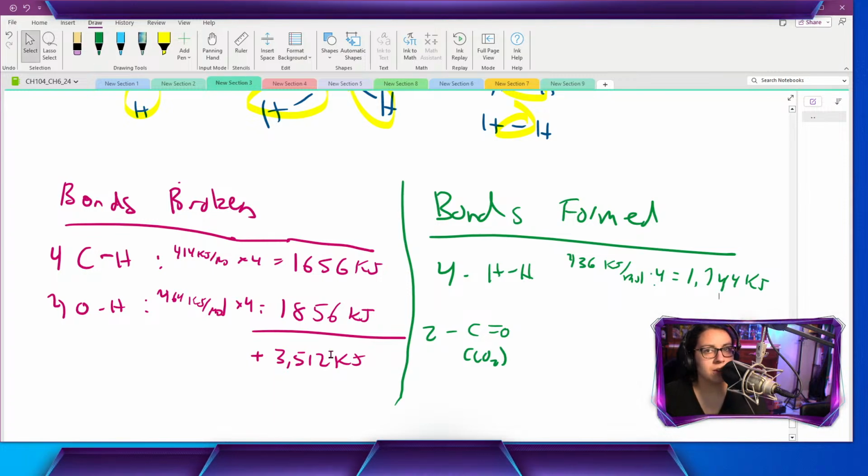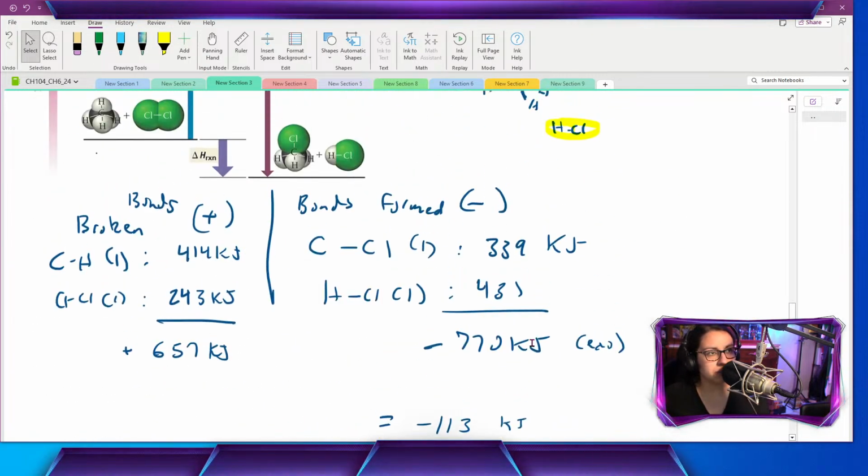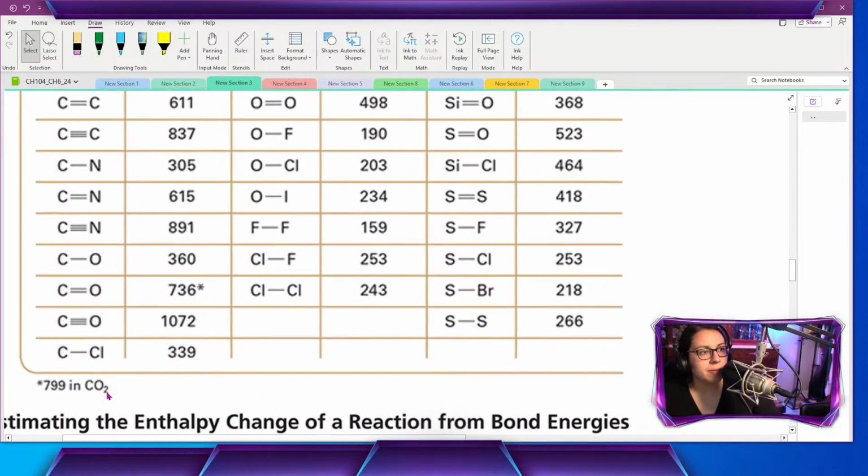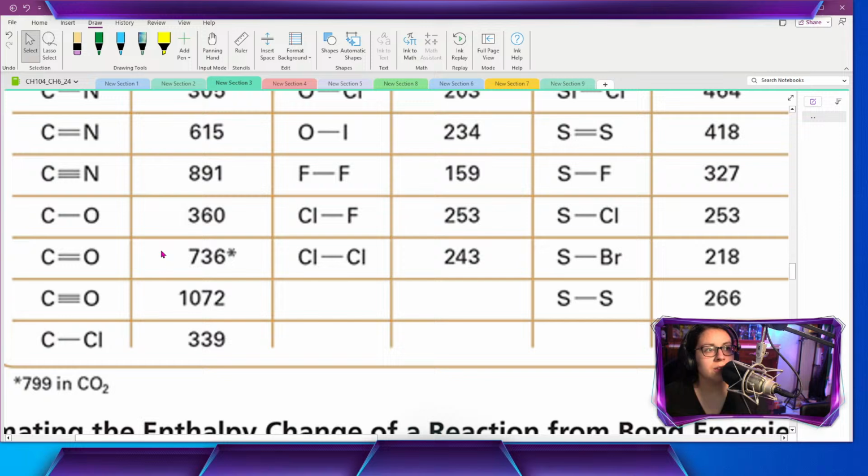And then I want to point out this special thing. And we have two COs. Let's zoom in so we can see. So we have a CO bond, double bond, but then it has this asterisk next to it, and it says use a value of 799 for CO2.